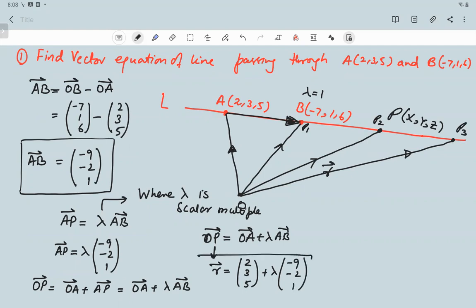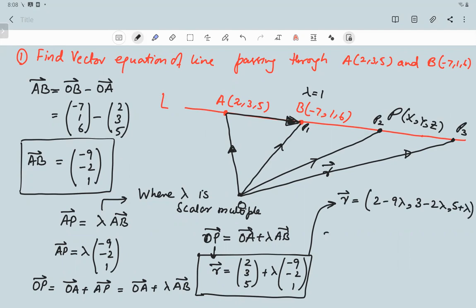So this is the vector equation of a straight line in 3 dimensions. And as we noted, we can write this vector equation in a variety of formats. We can write it like (2 minus lambda, 3 minus 2 lambda, 5 plus lambda).